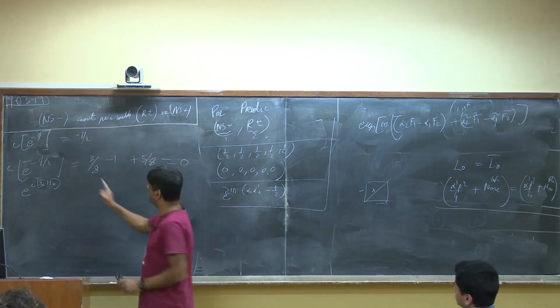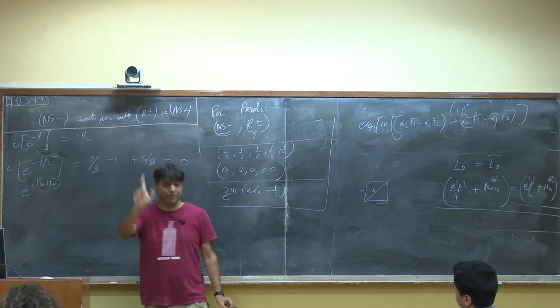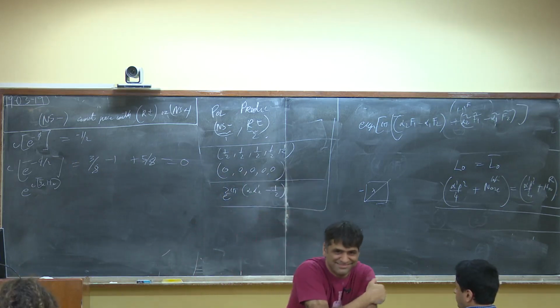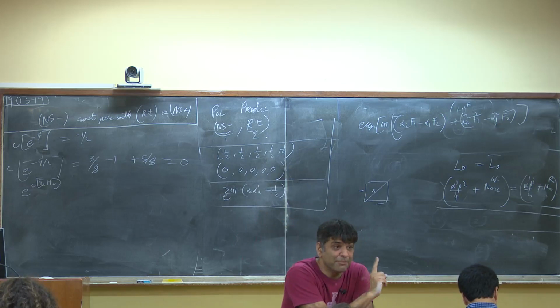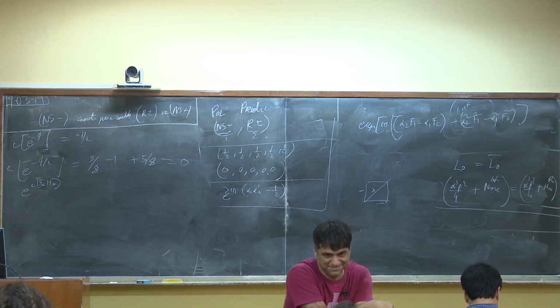Now, therefore, the sector that's going to have trouble will have an even number of matter fermion oscillators. But an even number of matter fermion oscillators is the NS minus sector, because the ghost vacuum has fermion number -1.